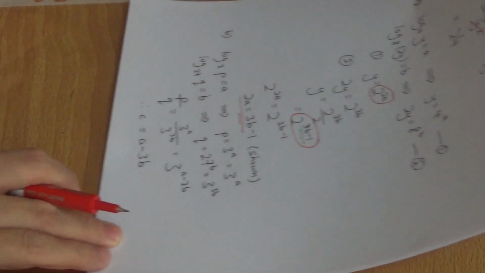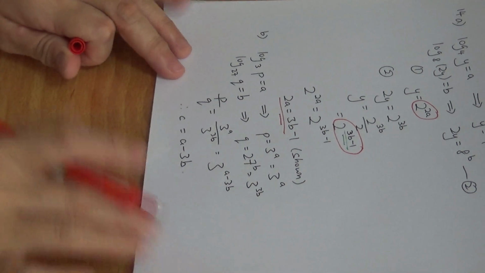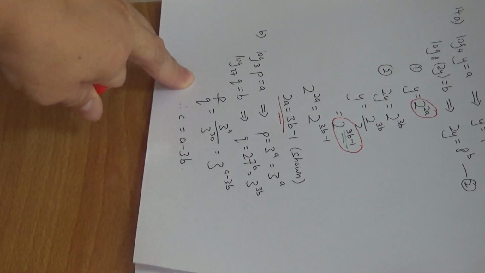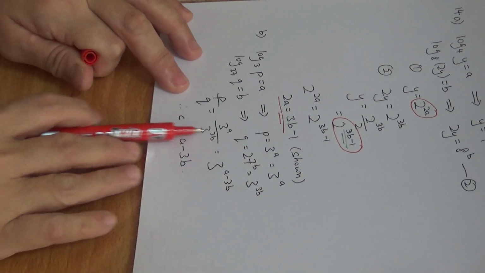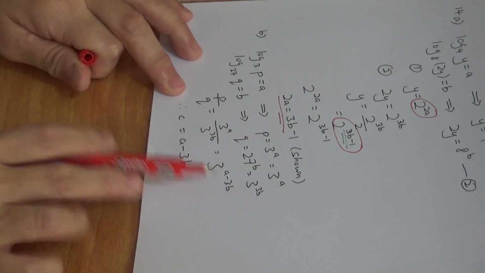Now let's take a look at 14b. 14b is also very simple. We just write it into index form. After that you write it to base 3 and we write it in this form, and we use the rules of indices, a minus 3b.